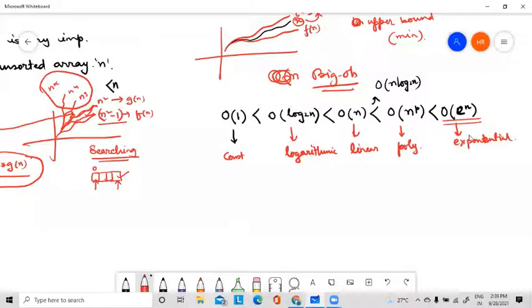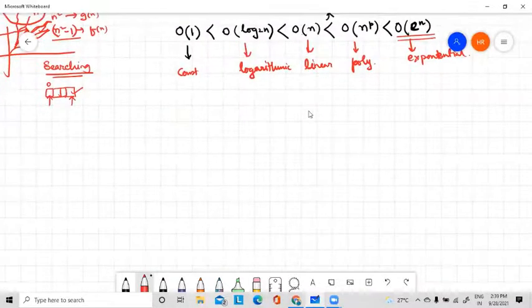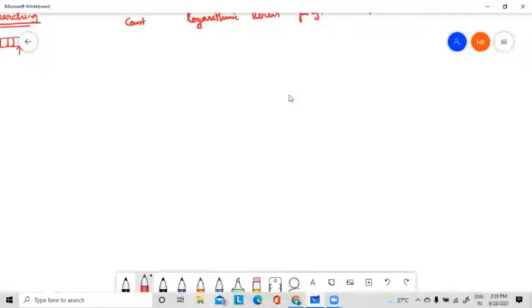Now, we will try to understand how to calculate the time complexity. Suppose in a program there is a for loop where we are using i equal to 0, i less than or equal to 10, and i plus plus. And then I'm writing a equal to a plus i.